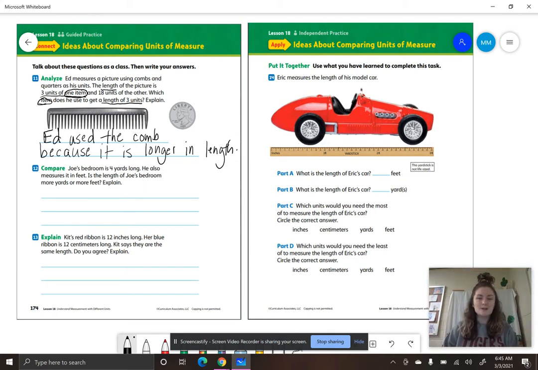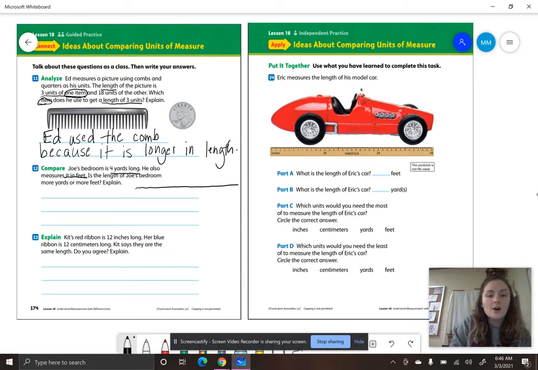All right, number 12. It says Joe's bedroom is 4 yards long. He also measures it in feet. Is the length of Joe's bedroom more yards or more feet? All right, Smarties. So a yard is 3 feet.